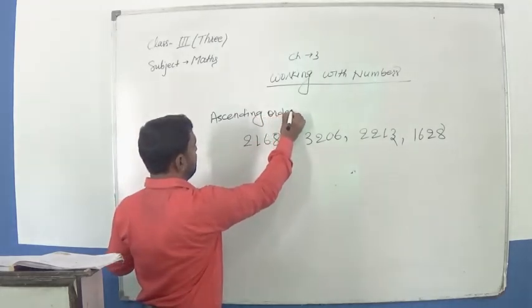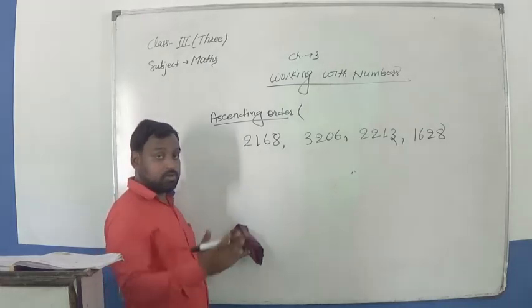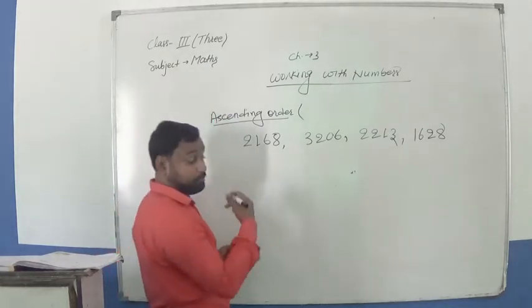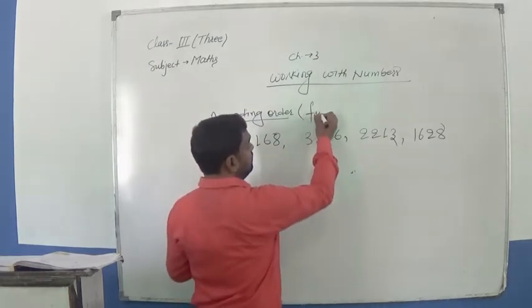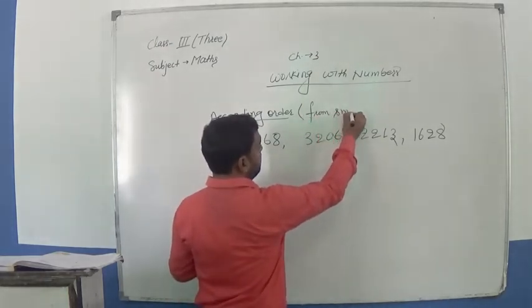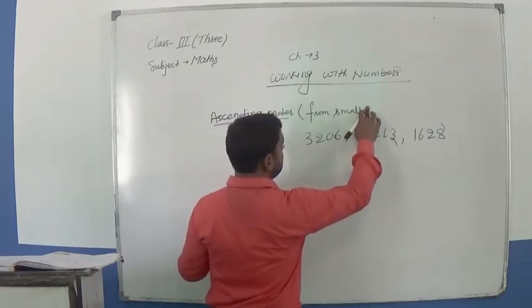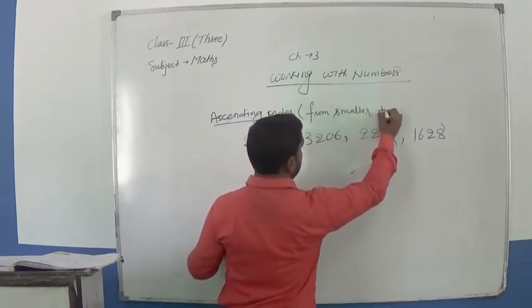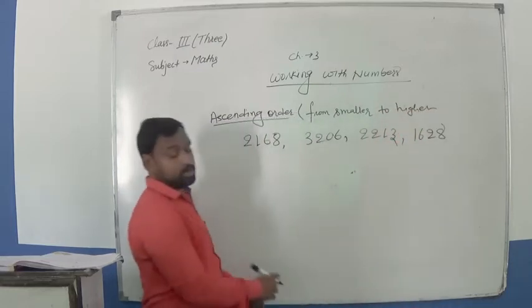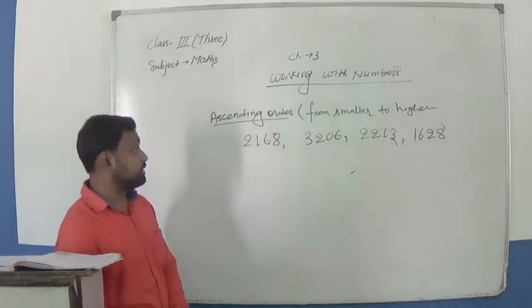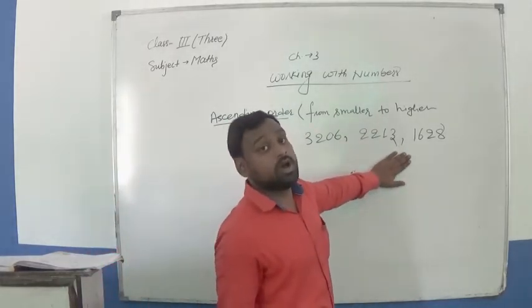Ascending order means increasing order, from a smaller to higher. We have to arrange these numbers from a smaller number to a higher number.